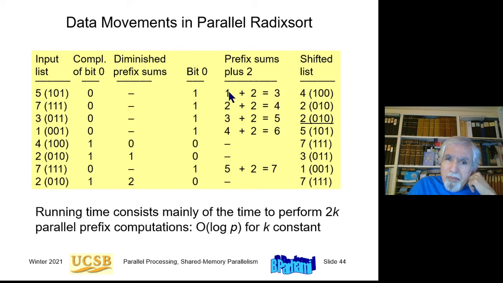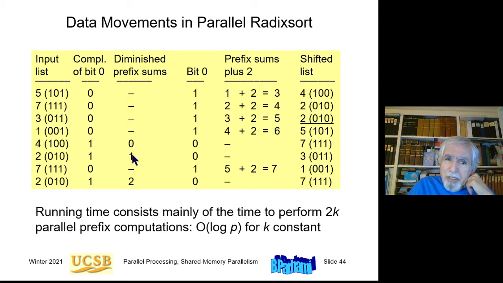So prefix sum is 1, 2, 3, 4, 4, 4, 5. Again, I'm not interested in these values, only the ones that correspond to 1s. And then I add 2 to this, and these will be the locations of those elements that have least significant bit equal to 1 in this rearranged list.